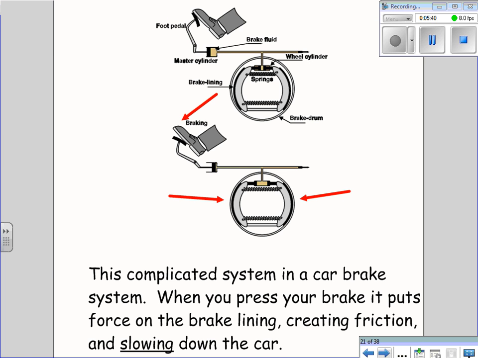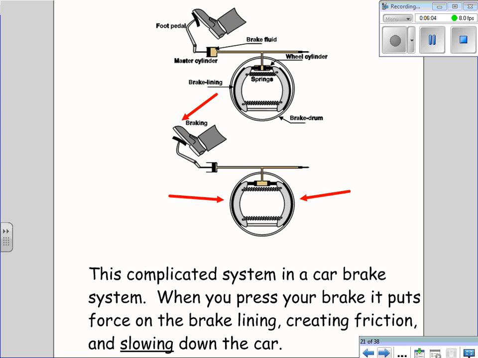An example of friction that we discussed were the brakes in your mom and dad's cars. The foot pedal, you have to put force, push on that foot pedal, that brake pedal, in order for it to move the springs to close the brakes.